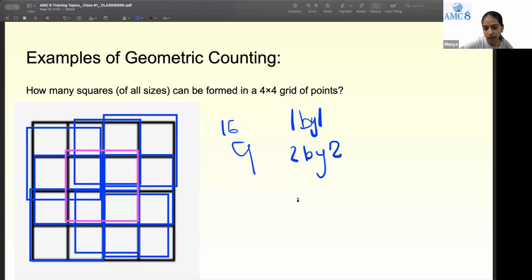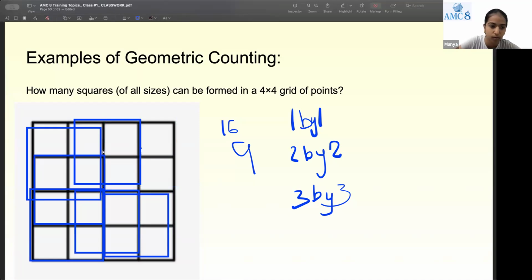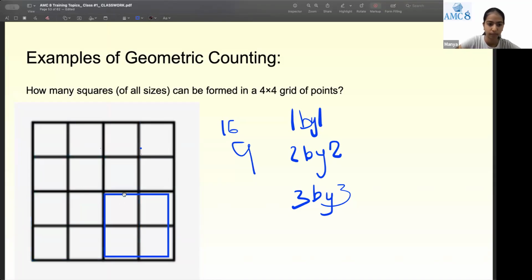Okay, so how many 3 by 3s are there? So 3 by 3. Let me just erase these. Sorry, it's not erasing. Okay. So for 3 by 3s, let me draw a 3 by 3.